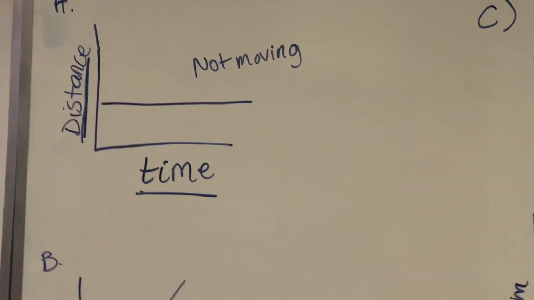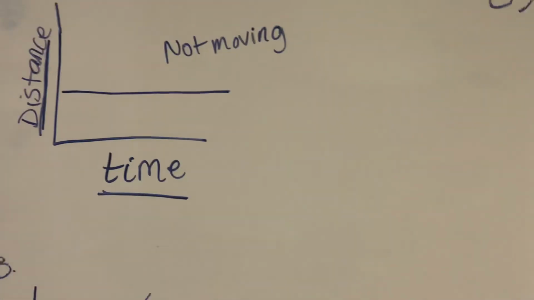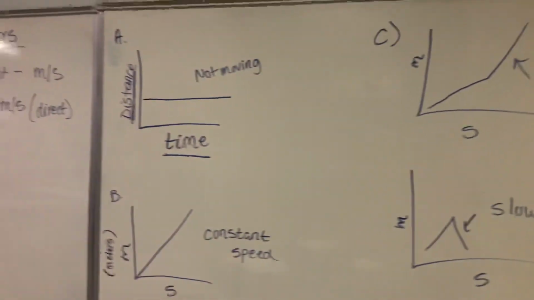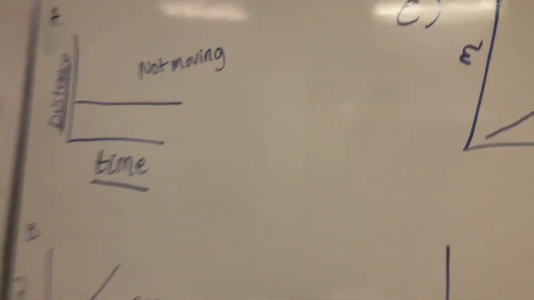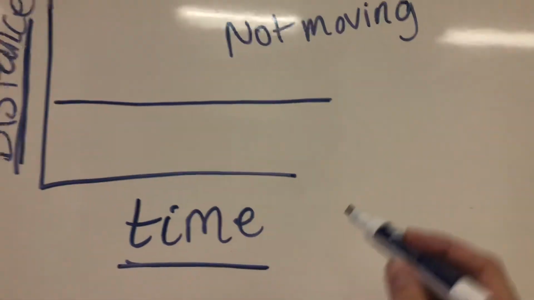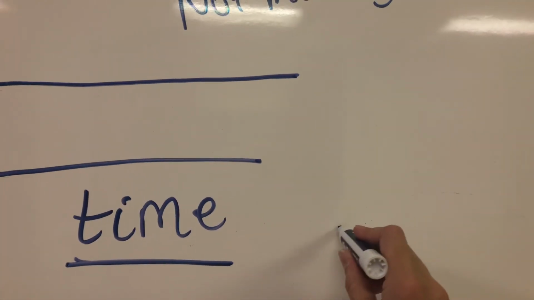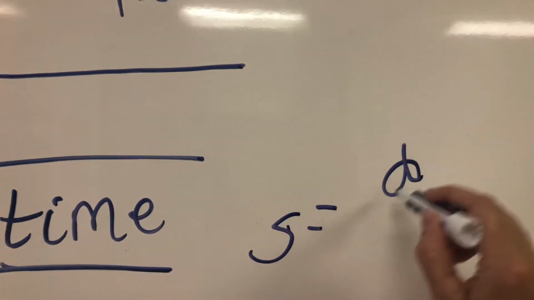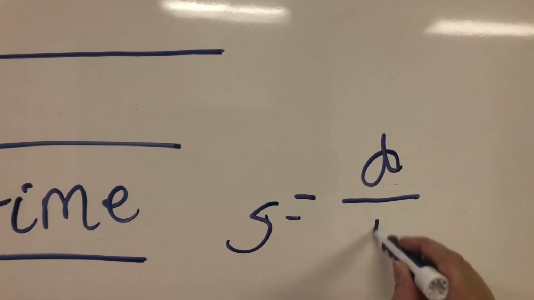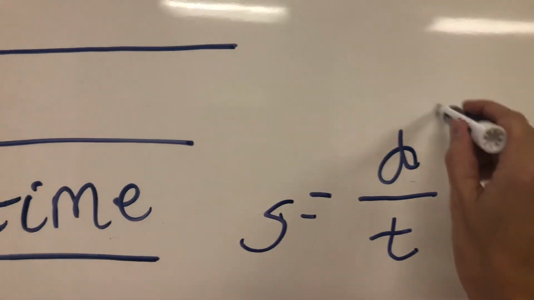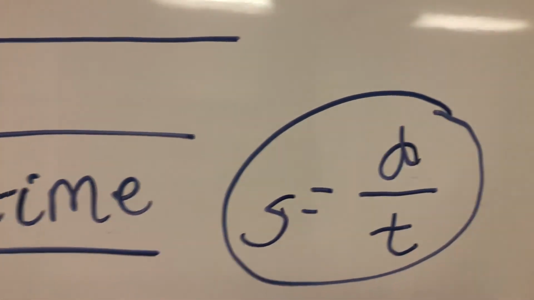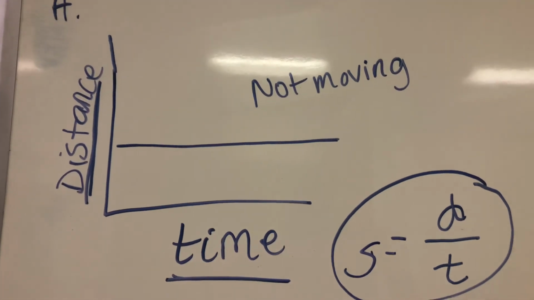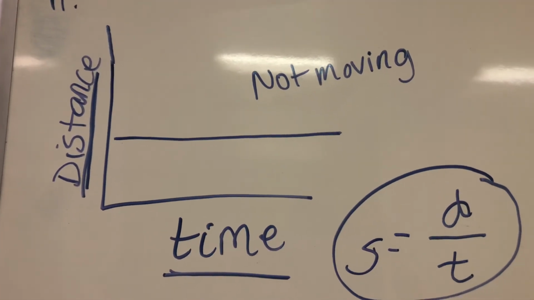If you remember the formula, let me zoom out. What is your formula for speed? I'm going to come up here, come around. If you remember, speed equals distance divided by time. And if you notice, every chart on this one, you can find speed, distance over time.